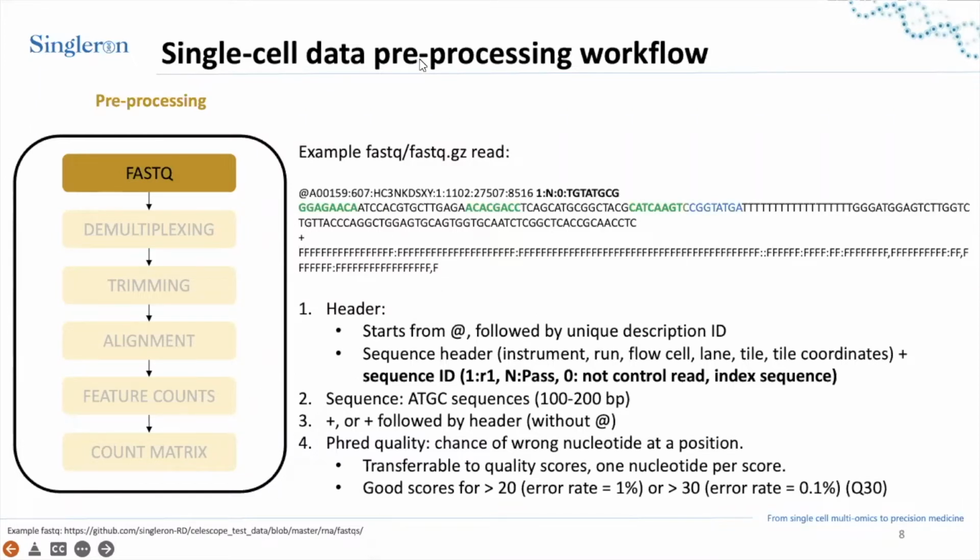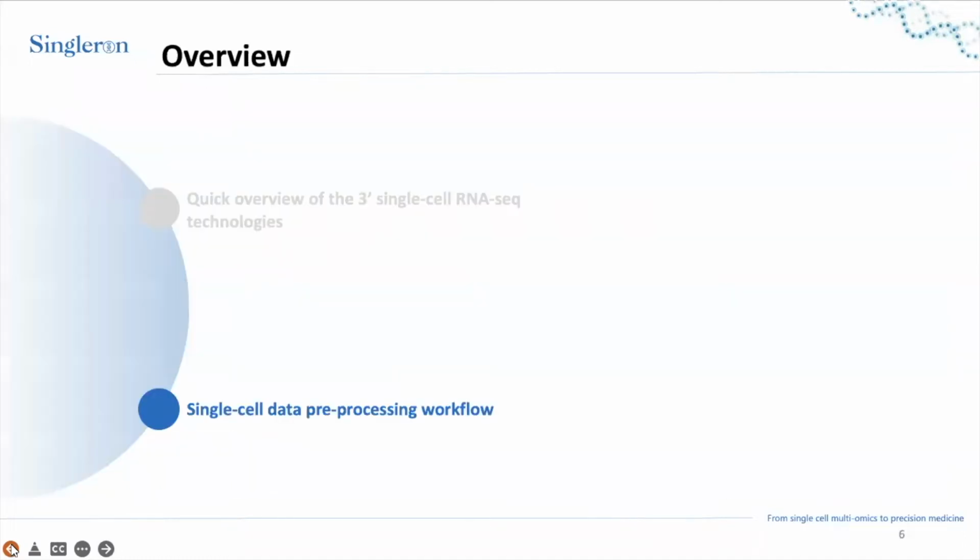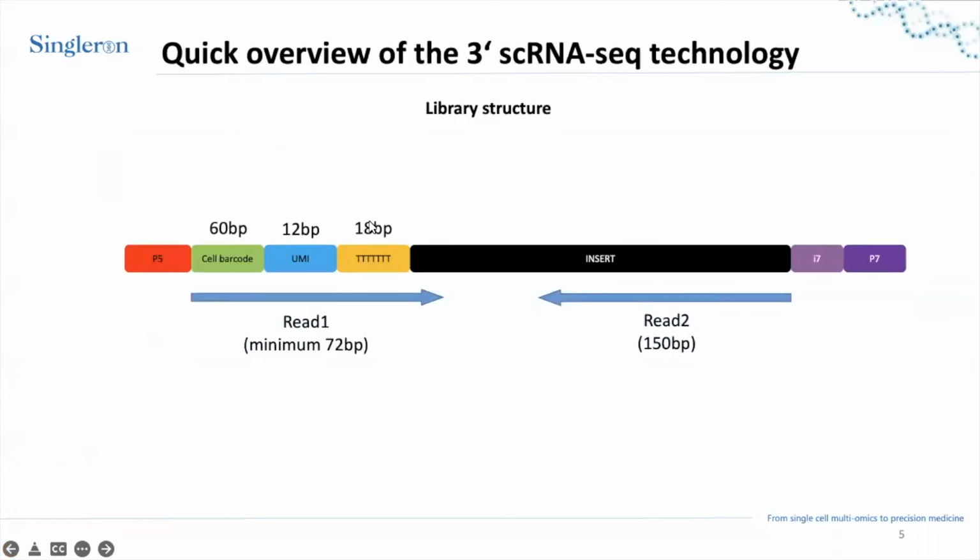And I saw a question from Habiba just now. Why is the minimum 72 base pairs needed? It's actually a good question. Because if we don't use the poly T tails from read1, if only the sequence 60 and 12, it is long enough to form read sequences that can support the uniqueness of the cell barcode plus the UMIs.